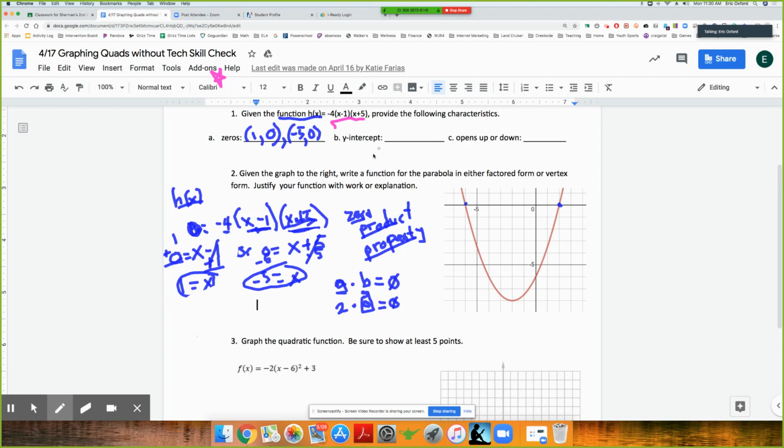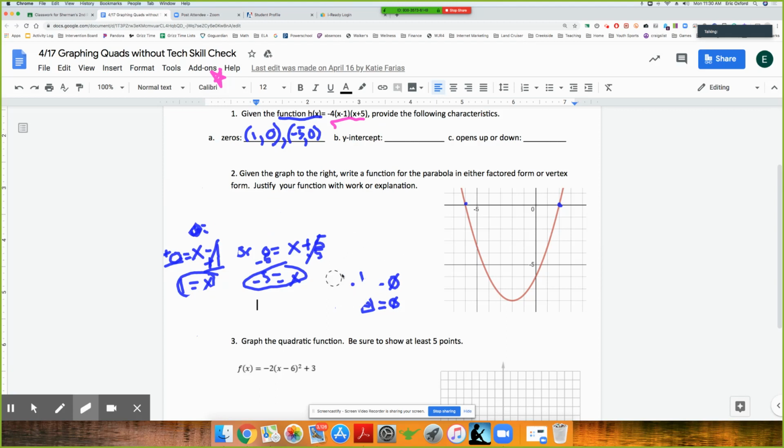Okay, so now for the sake of room, I'm going to do some erasing here. So zeros are where the parabola intercepts with the x-axis, because the x-axis is where the y is set to 0.